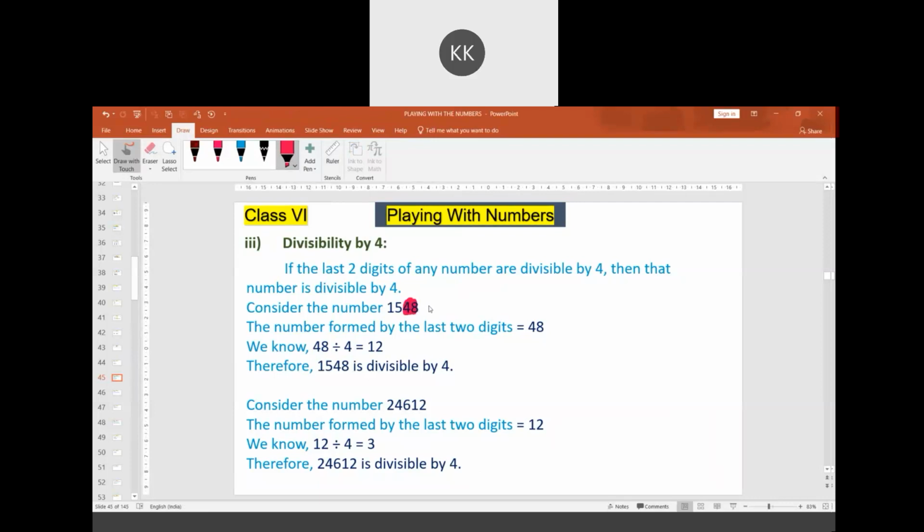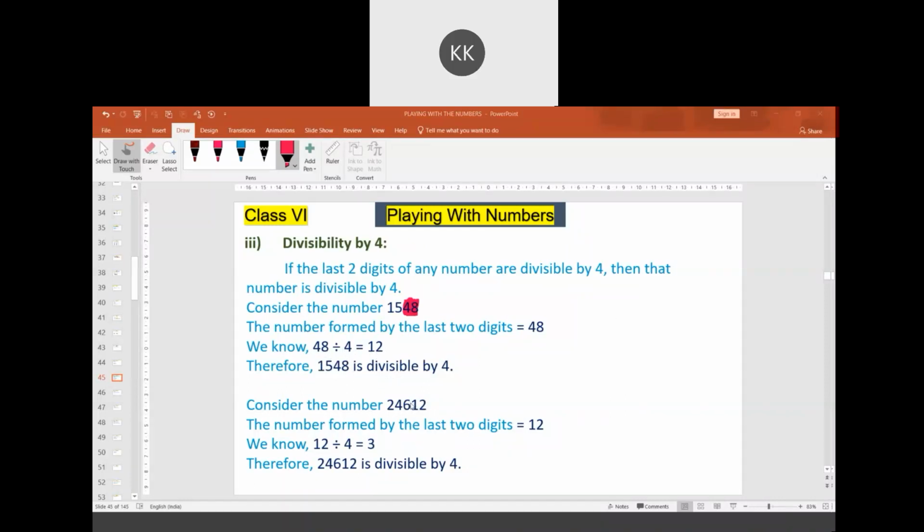It's 48. If this number 48 is divisible by 4, then the number is divisible by 4. And we know that 4 twelves are 48. So the given number 1548 is divisible by 4.